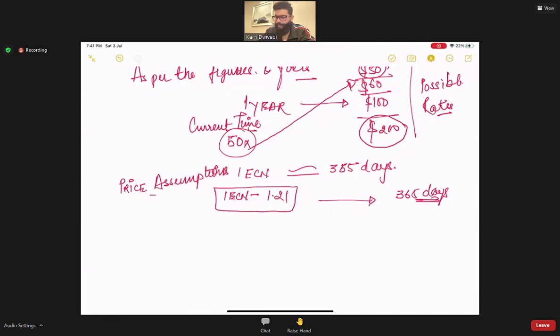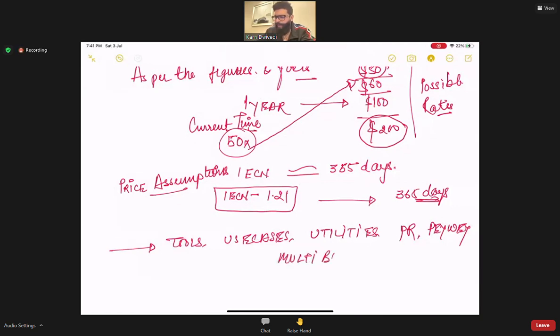And what about our tools which are coming, use cases, utilities, PR in market, payway, where your ECN will be there, multi-brands API, shopping, mobile recharges, flight bookings, everything you will be able to do from ECN. What about this?